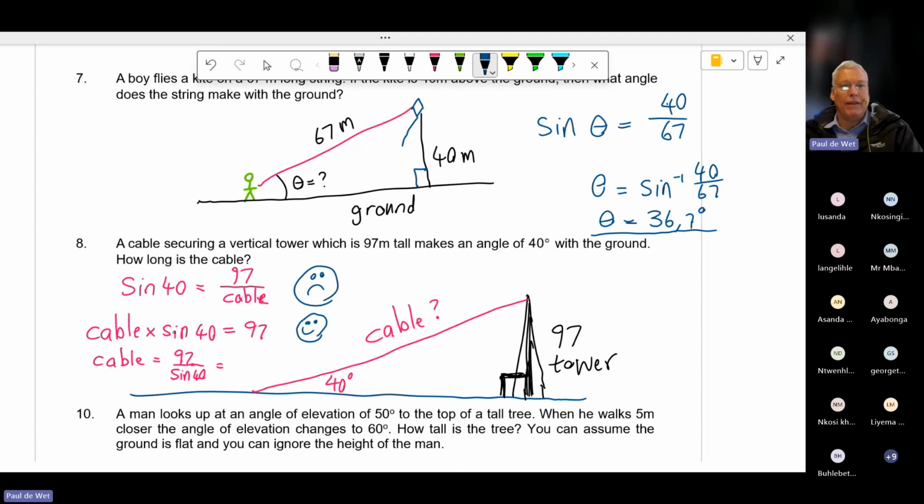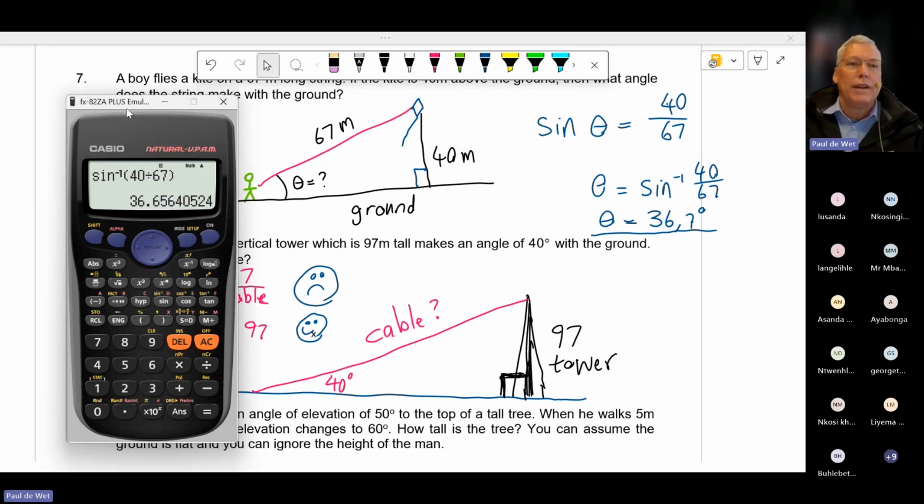Okay, much better. And now I want the cable. The cable times sine of 40 is 97. So I want to get rid of the sine 40. Cable's being multiplied by sine 40. The undo of multiplying by sine 40 is dividing by sine 40, and I'm dividing by sine 40 on both sides. And I get my final answer that the cable is 97 over sine 40.